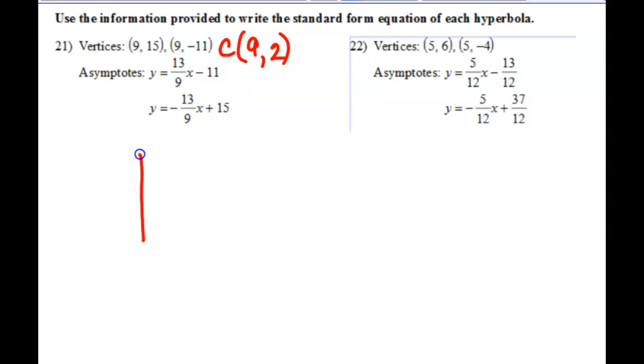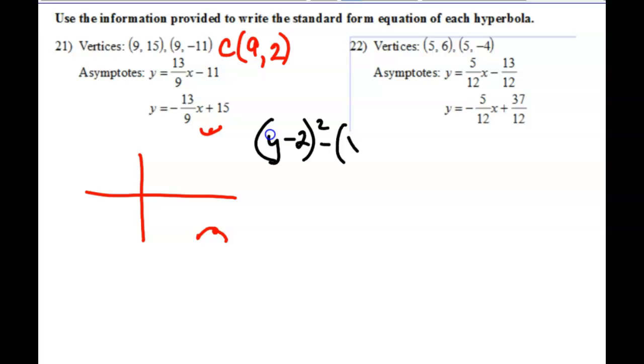Okay. If we went over 9 and up 15 and over 9 and down 11, this is opening up and down. So it starts with what? y minus 2 minus x minus 9 equals 1.